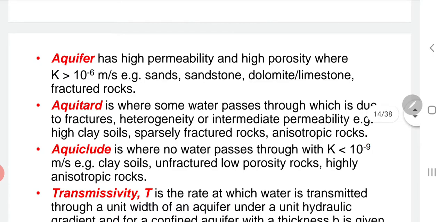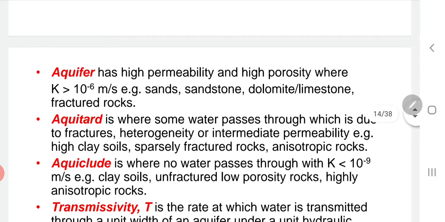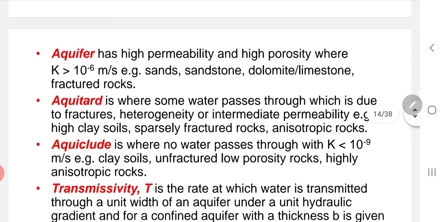Okay, aquifer has high permeability and high porosity, where K is more than 10 to the power of negative 6 meter per second. This K reflects permeability. For example, sandstone, dolomite or limestone, and of course fractured rock.